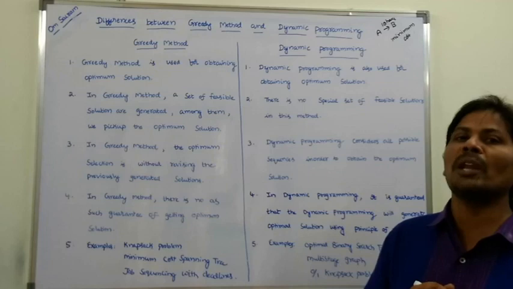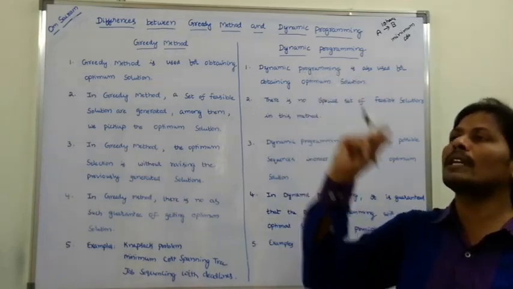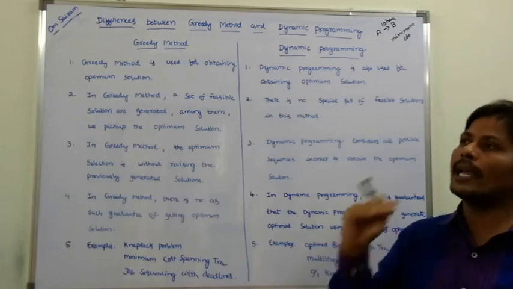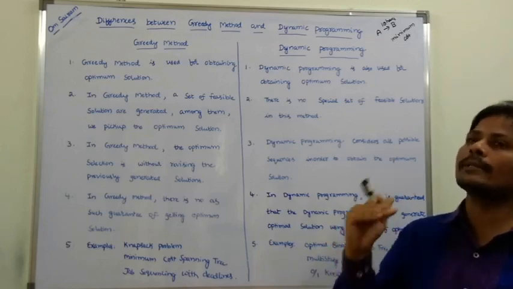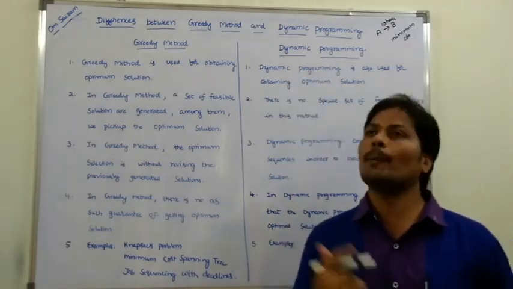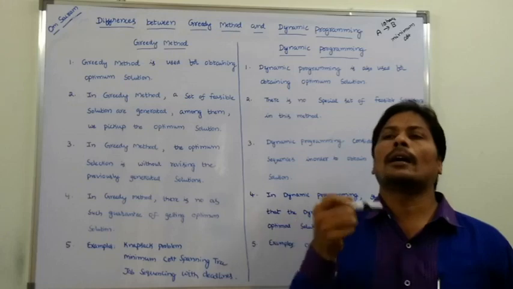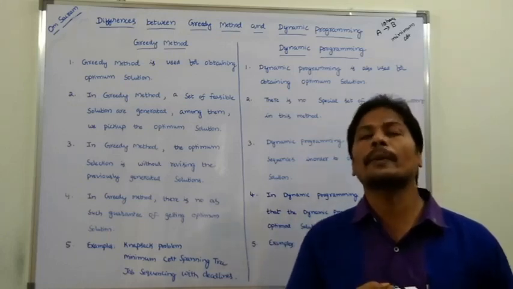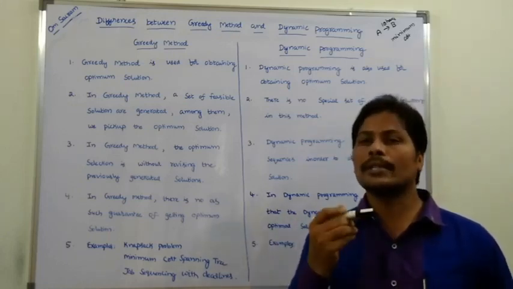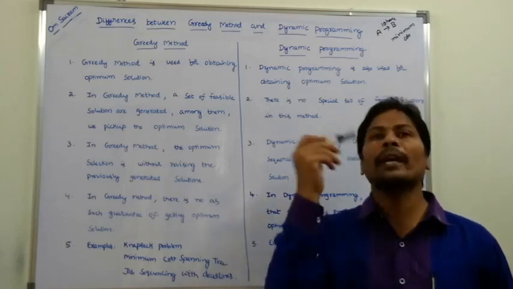So what is the principle of optimality? Suppose one parent is there, one child is there. The child can take the properties or characteristics from the parent. Suppose the parent is an optimal problem, then the child is also an optimal problem, because the child can be produced or generated from the parent.